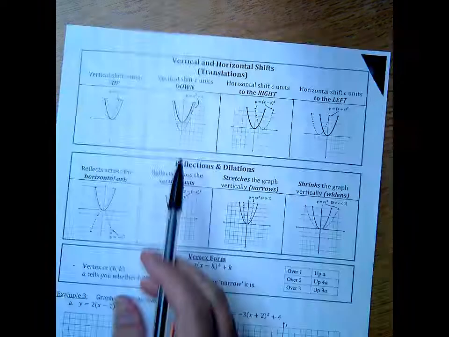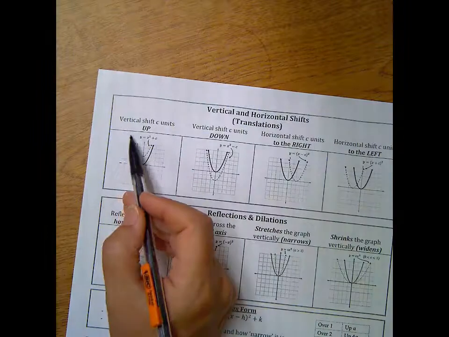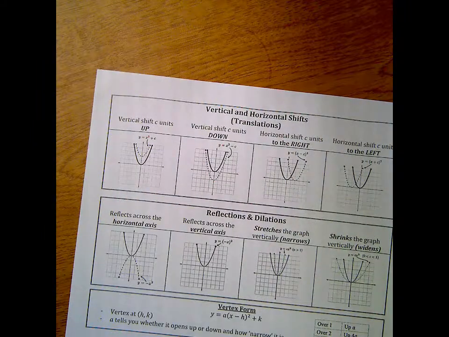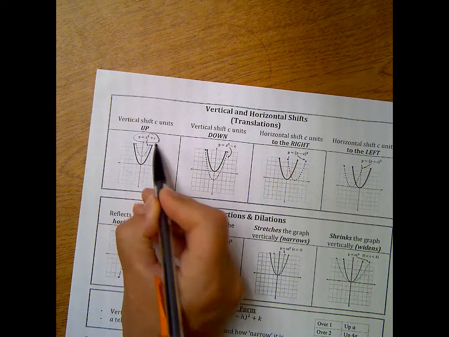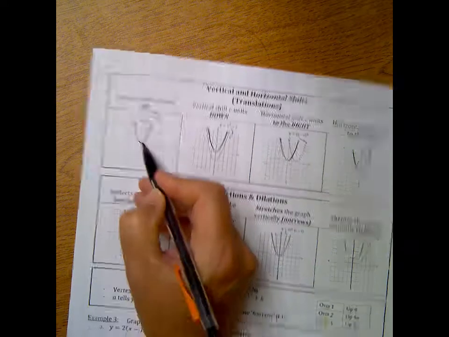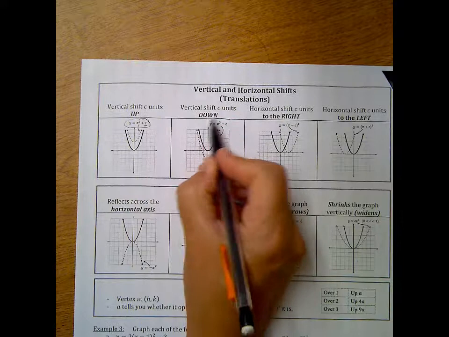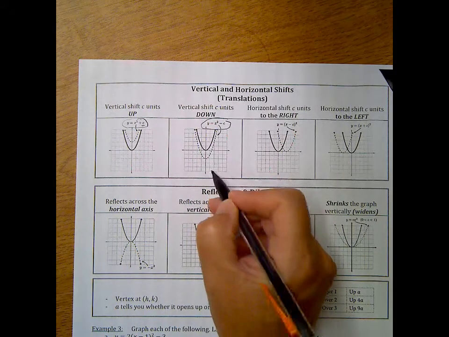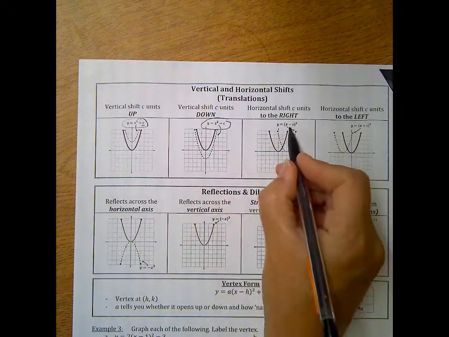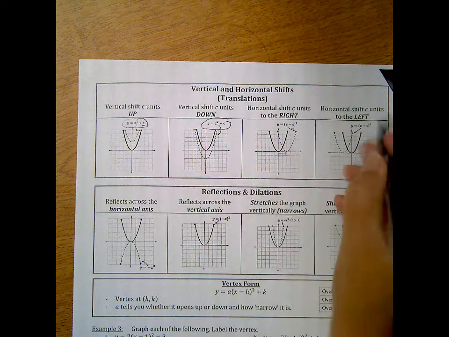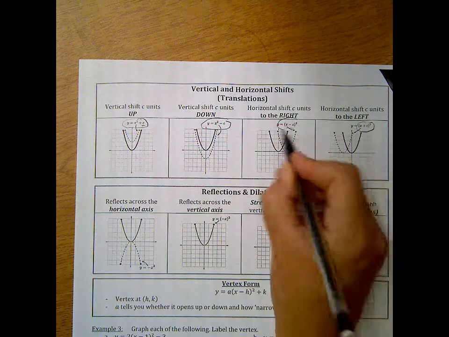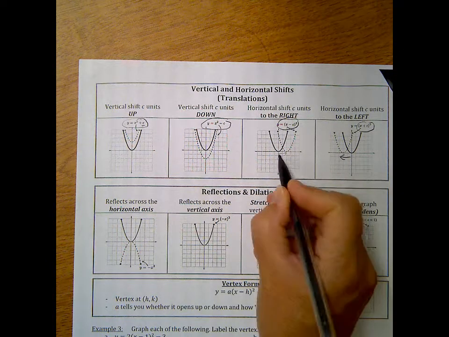Okay, moving to the next page. So here's a summary of all the directions of what can happen. Vertical shifts c units up: notice right here, when you're adding something to x squared, it's going to shift it up. If you're subtracting something from x squared, it's going to shift it down. If you're subtracting inside the parentheses, it's going to shift it right. If you're adding inside the parentheses, it's going to shift it left.